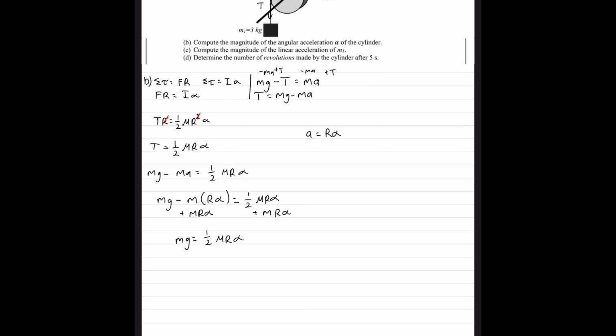Capital M is the mass of the solid cylinder. Divide both sides by whatever is in the parentheses. Right, so you get this equation.